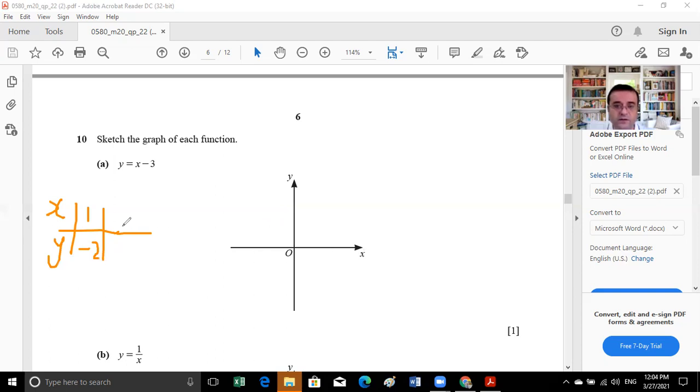Take -1: it becomes -4. You get the same graph.